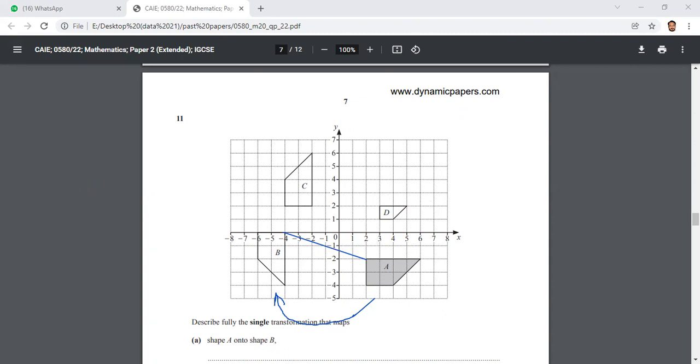Like this one, if we change the color, you can draw 1 arc by keeping your compass at this point, make 1 arc up and 1 arc down.